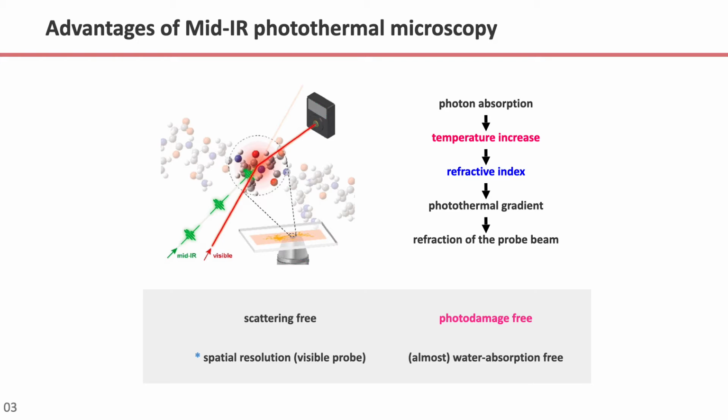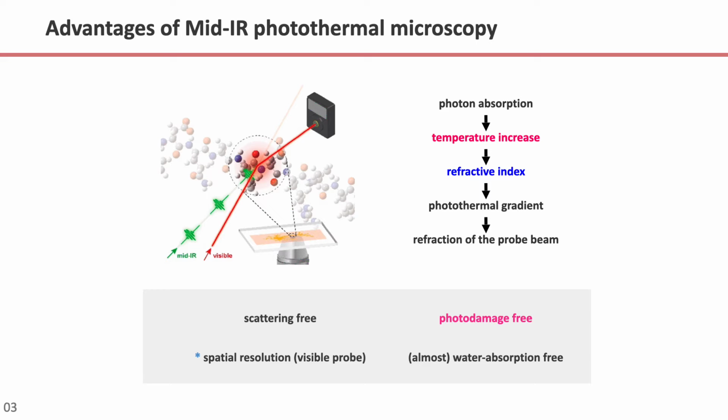It has some advantages. Since we measure the deflected beam and block the original beam path, it's relatively free from random scattering and somewhat reduces the background levels. It is also free from photodamage and easily avoids the water absorption.